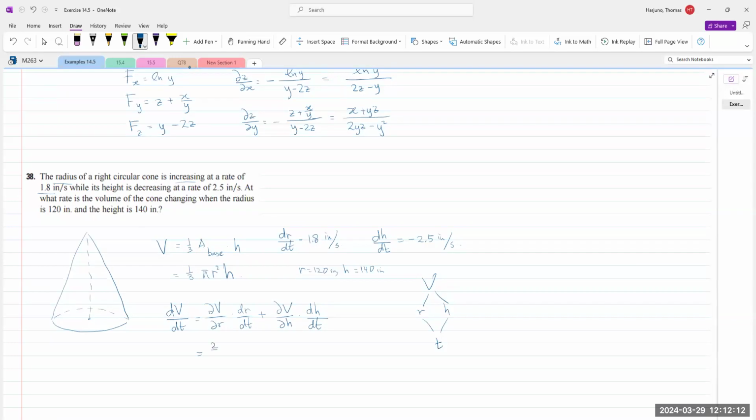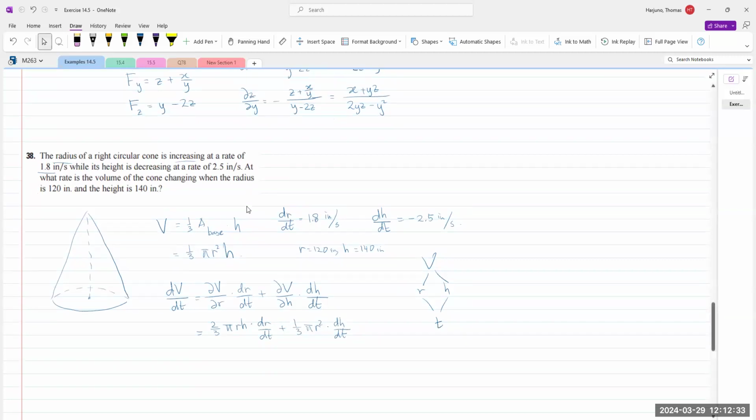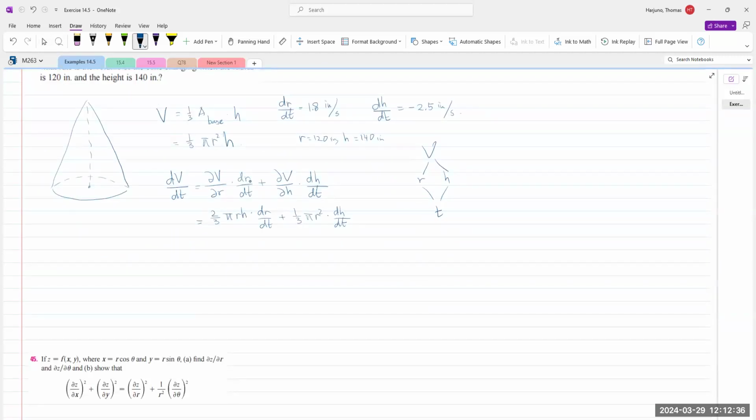That will be 2/3 pi r h times dr/dt plus 1/3 pi r squared times dh/dt. Now let's plug in numbers. I want to factor the 1/3 pi r out. So I get 2h dr/dt plus r dh/dt.